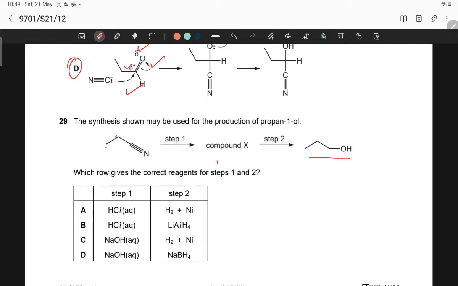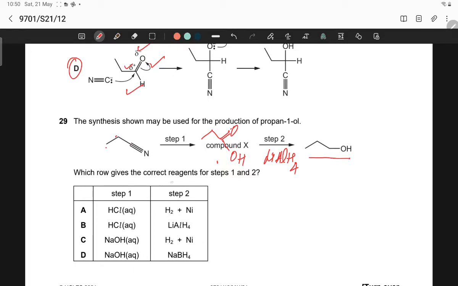This is the product, so this must be a carboxylic acid with a double bond, C=O and OH, and this is reduced using lithium aluminium hydride to form propan-1-ol.